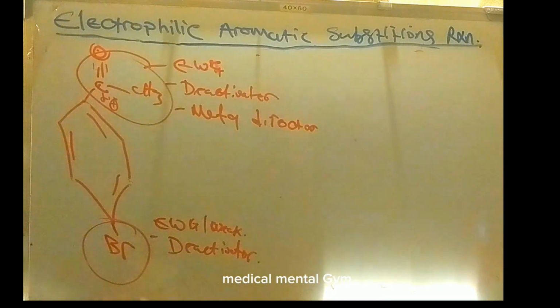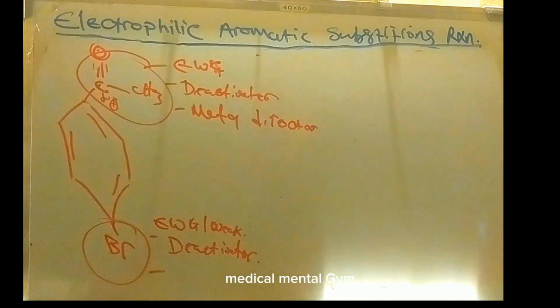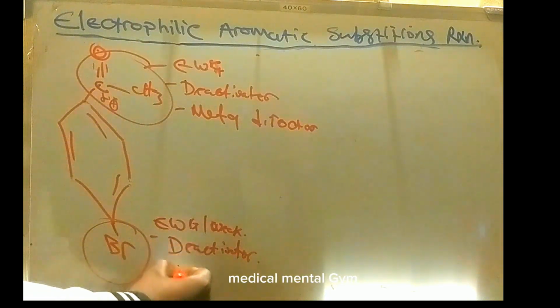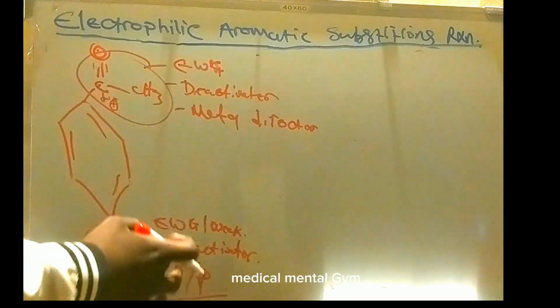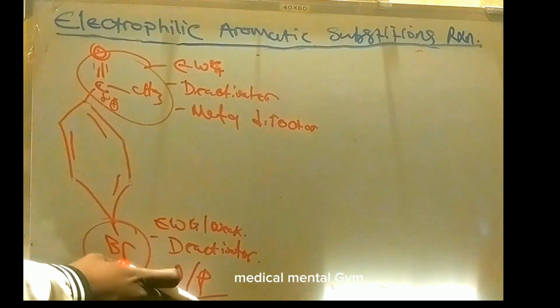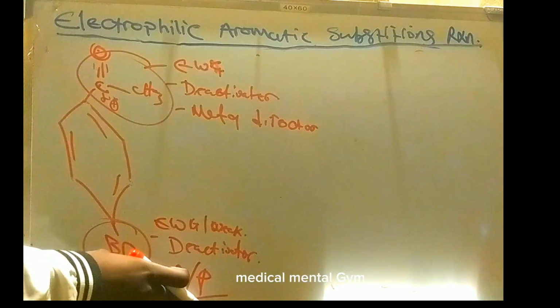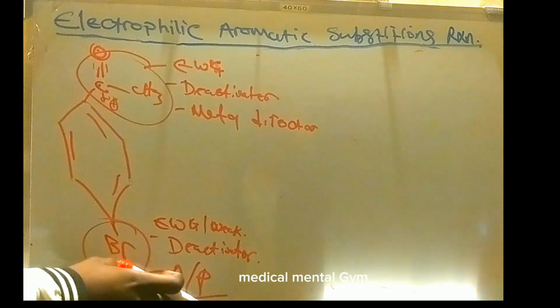It is going to deactivate this ring, but it has a peculiar property, and all halogens possess this property, which is that it is ortho-para directing. So despite being an electron withdrawing group and a deactivator, it is also ortho-para directing. Halogens are the only groups that are deactivators and also ortho-para directing.